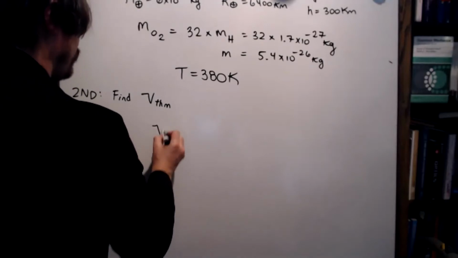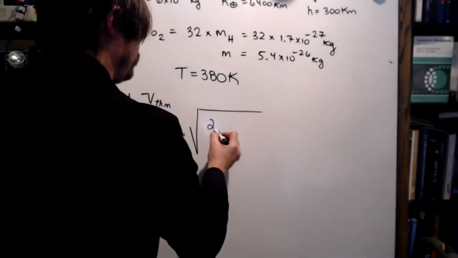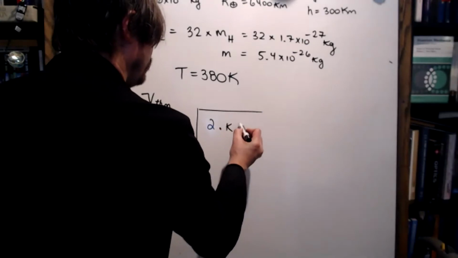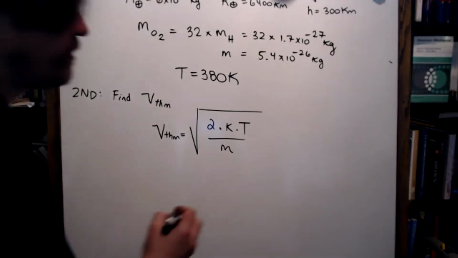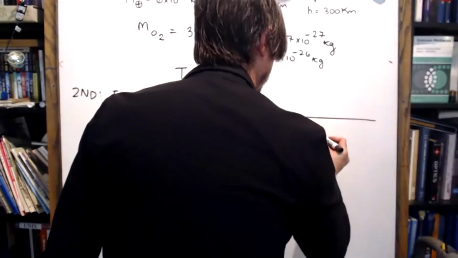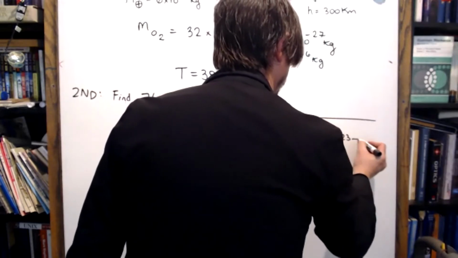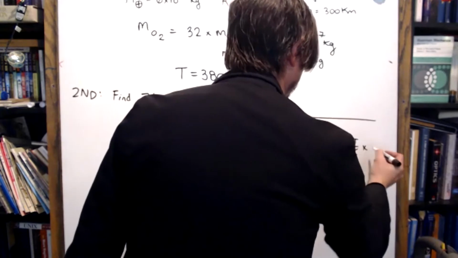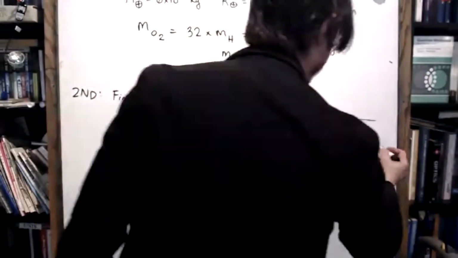Okay, the thermal speed that you just learned is the square root of 2 times k times T divided by the mass of the particle. That is the square root of 2 times 1.4 times 10 to the minus 23rd joules per Kelvin times the temperature in Kelvin, which we decided was 380 Kelvin.